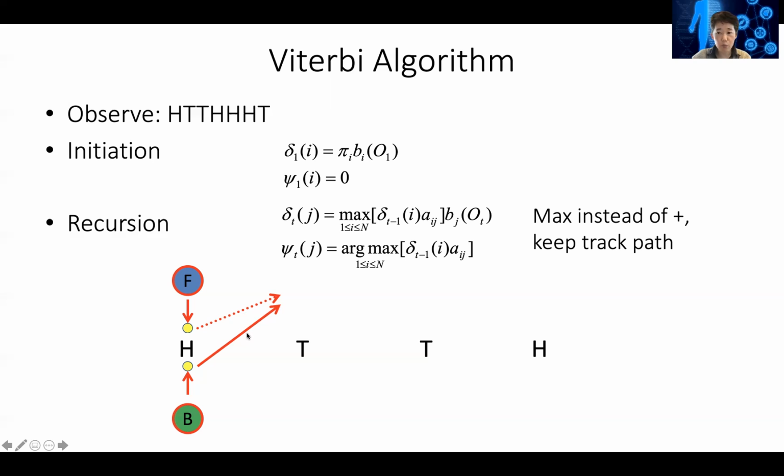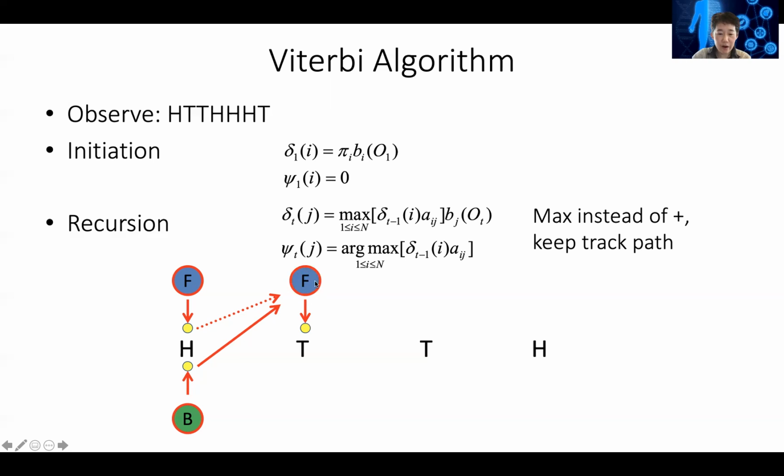At this point, instead of summing them up, we make a comparison. We check which one is the biggest. In this case, let's say this path gave me a bigger number. Then my psi is a pointer to say, okay, I'm adopting this particular path in order to use this fair coin.